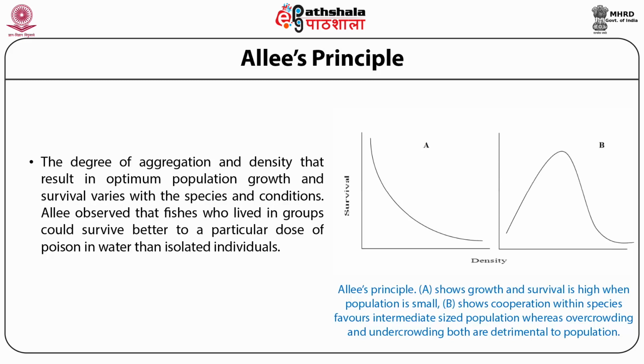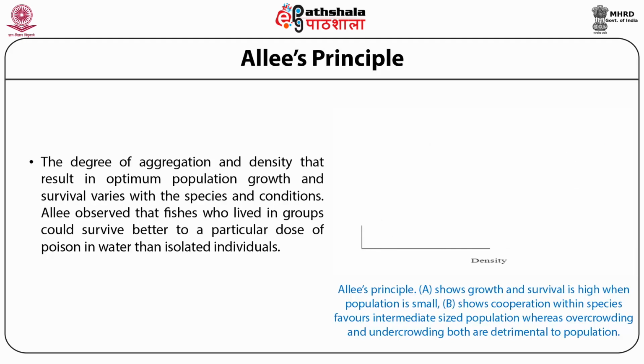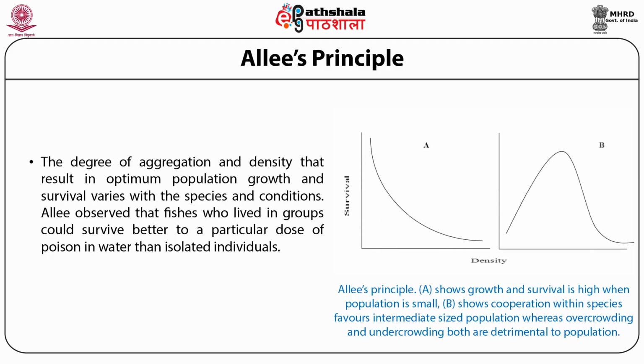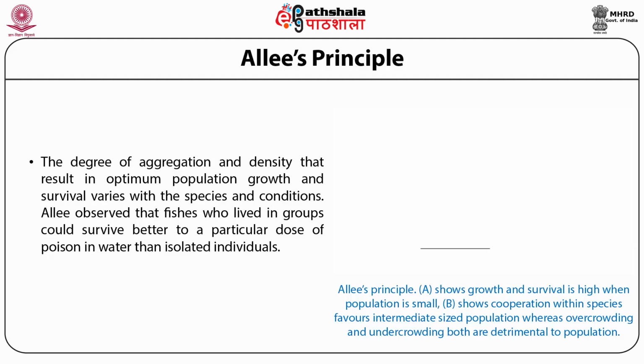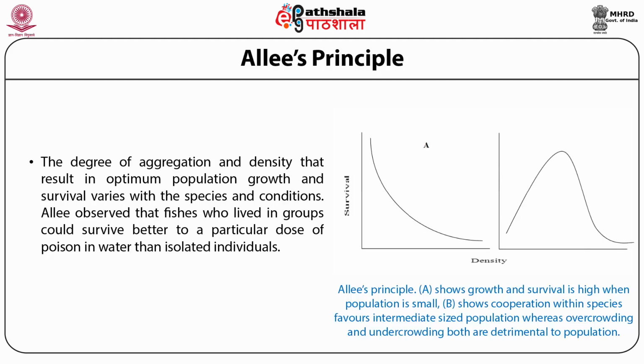Therefore, undercrowding or lack of aggregation and overcrowding may be limiting to the population, and this is known as Allee's principle. The individual in group have higher survival value and this is an important characteristic.